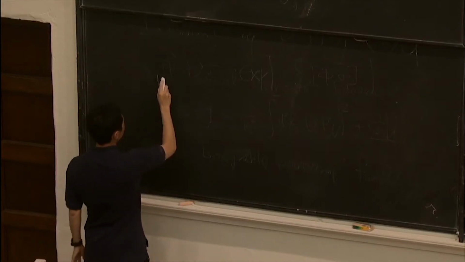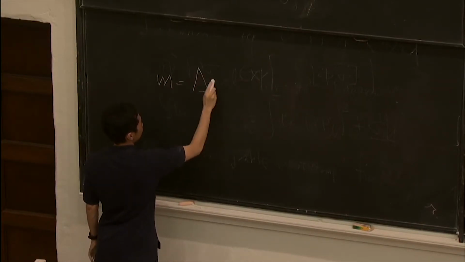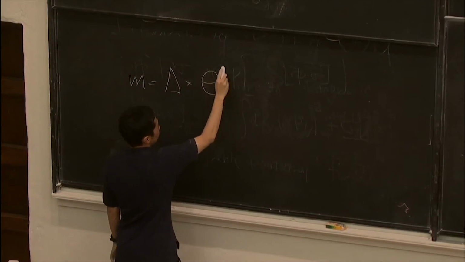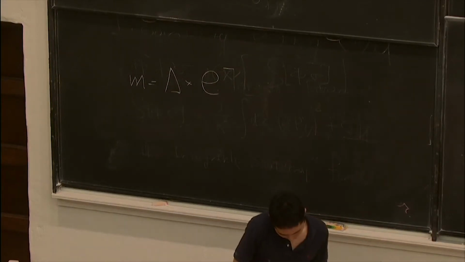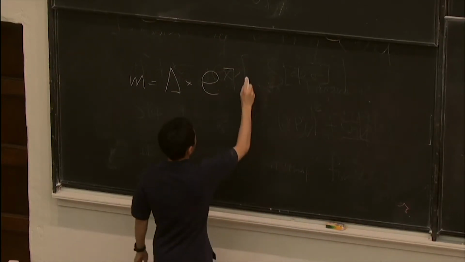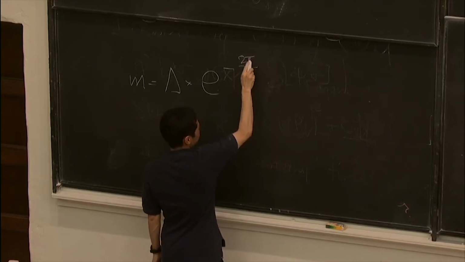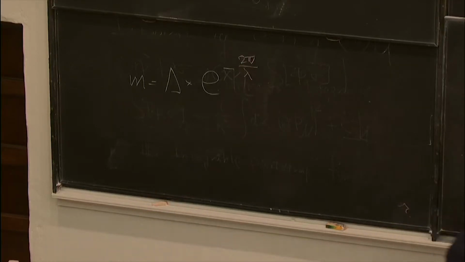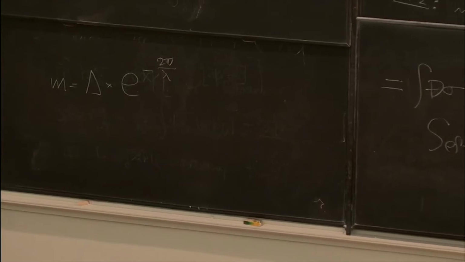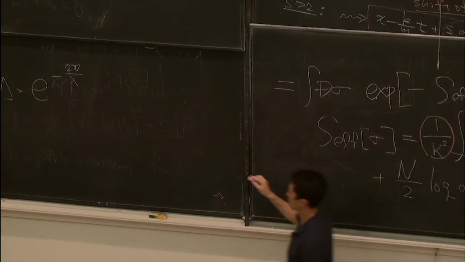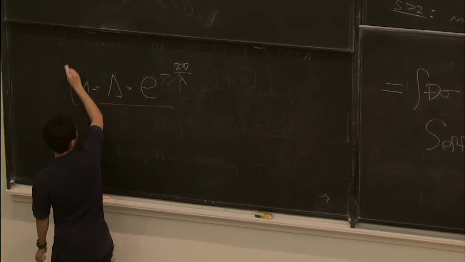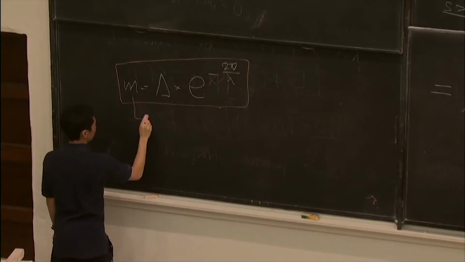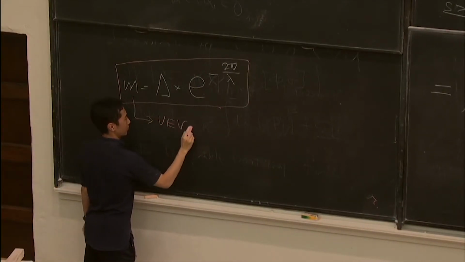So then in the end, what you get is m equals Lambda times e to the minus kappa lambda over 2 pi. So this basically gives you the vev of sigma.